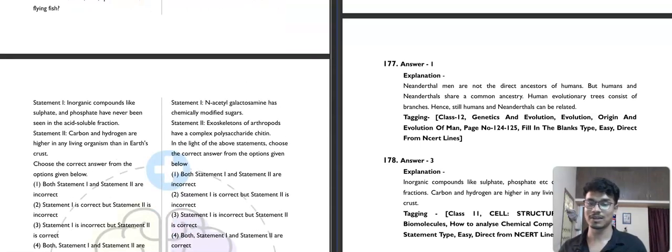The options given are: both statement first and second are incorrect; statement first is correct, but statement second is incorrect; statement first is incorrect, but statement second is correct. That inorganic compounds have never been seen, this is incorrect. This is correct. Third option will be the correct answer. Then question number 179.